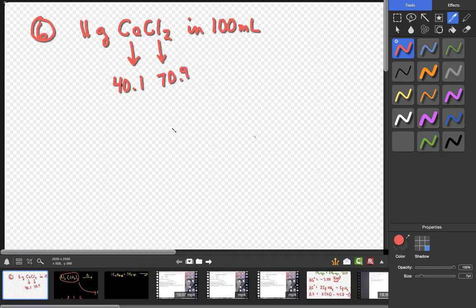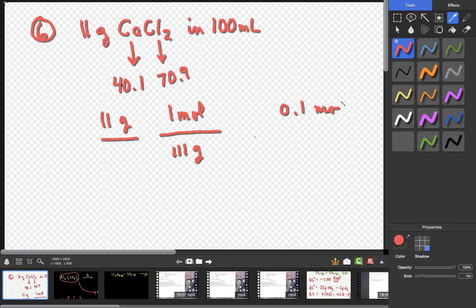Notice how nice that is. That is 111 grams in 1 mole. And so if I have 11 grams, for all intents and purposes, this is 0.1 moles in 0.1 liters. That's a 1 molar solution.